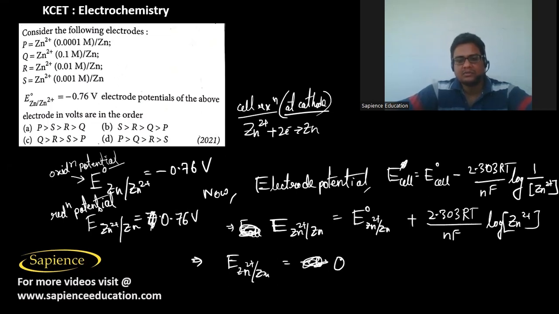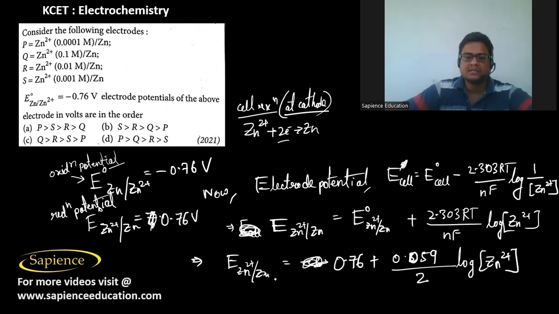So this will come 0.76 plus 0.0591 divided by n, here 2 electrons are involved, so 2 into log of the concentration of Zn2+.